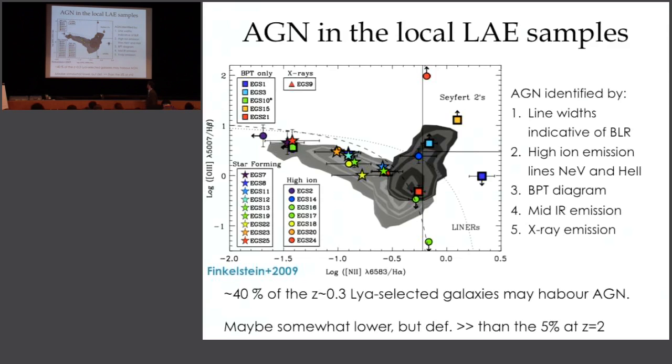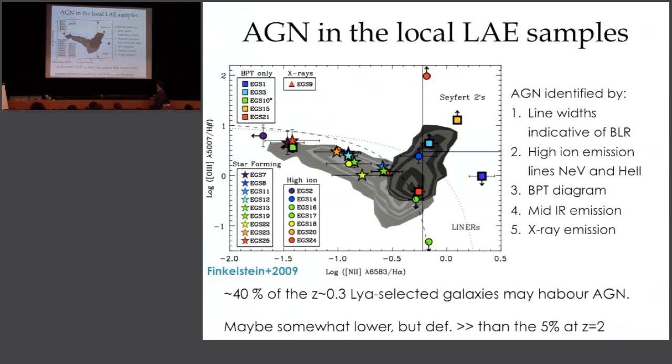This is a way of telling if something is dominated by star formation or dominated by a very hard ionizing source like an active galactic nucleus. So here's a sequence of star-forming galaxies out here, ideally. Here you have LINERs, low-ionization nuclear emission-line regions. Seyfert galaxies fall up here in this emission line ratio diagram.